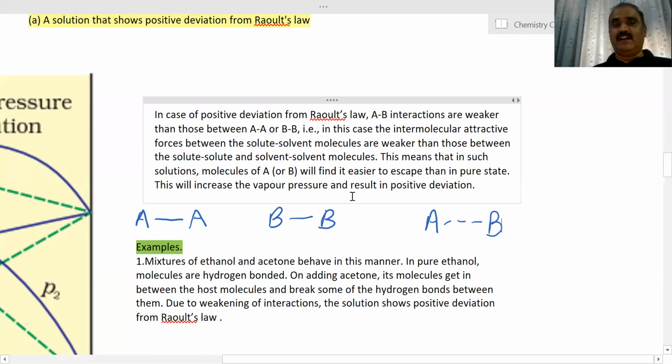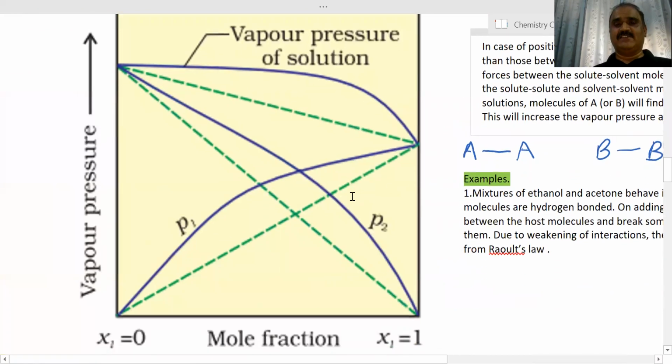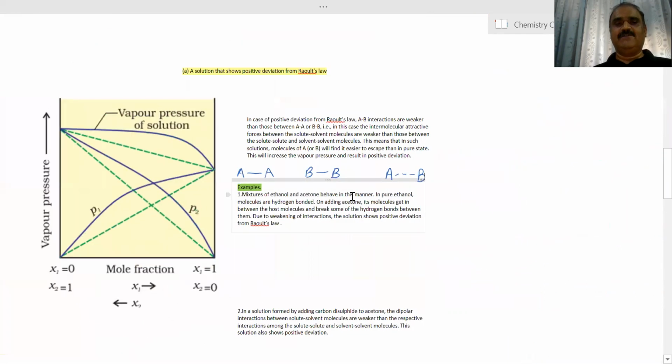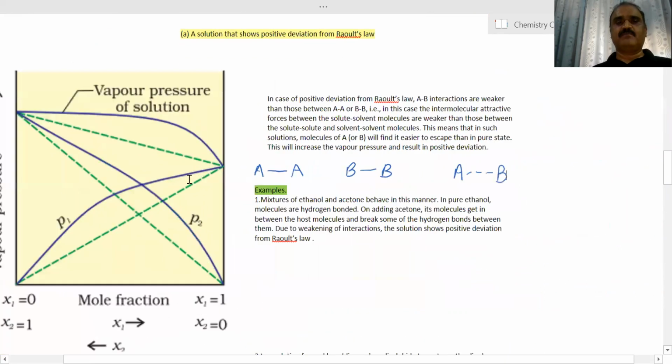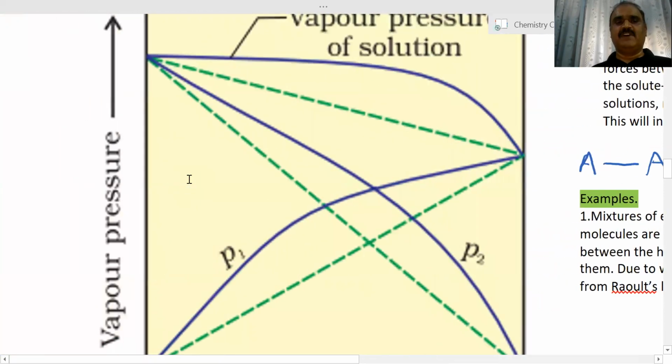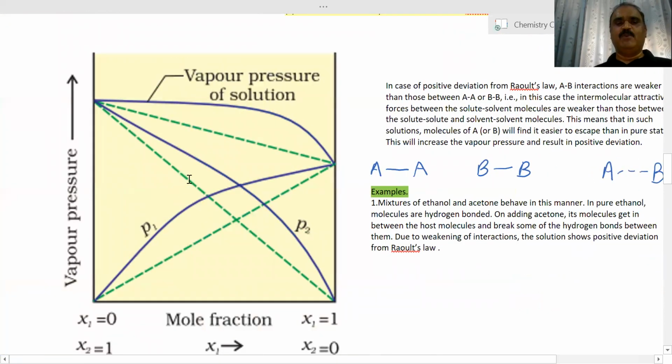Okay. On graph, we can show it like this. See here, it is a graph plotted between vapor pressure on y-axis and mole fraction of components on x-axis. On here, mole fraction of component 1 is 0 and 2 is 1. On moving from left to right, fraction of component 1 is increasing and 2 is decreasing. Means here it is pure second component, here it is pure first component.